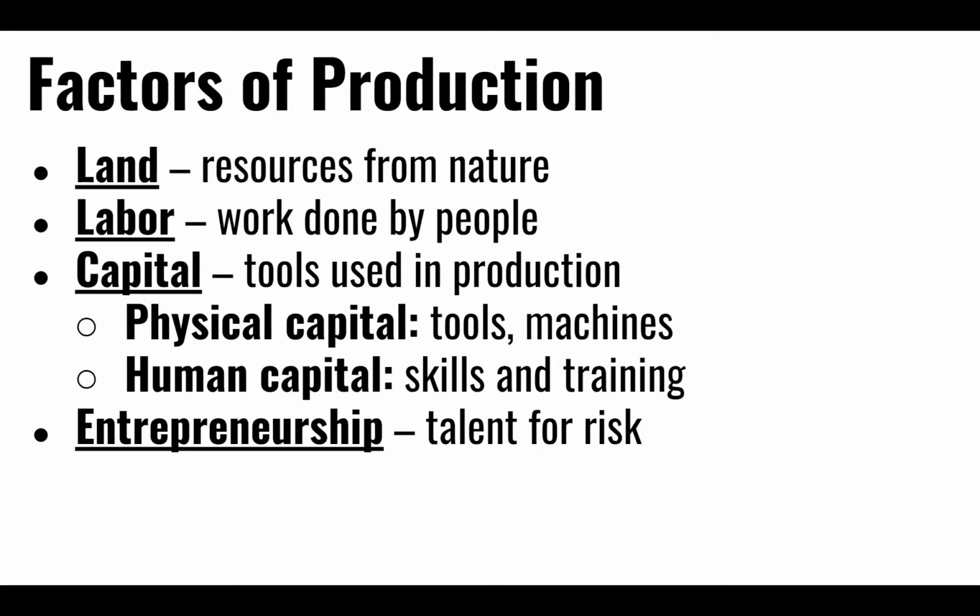And we break capital down into physical capital, which are the physical tools and machines, and human capital, which is the skills and knowledge and training that individuals have in order to do their job. Finally, we have entrepreneurship as the final factor of production. That is those people who have a talent for taking risk. Entrepreneurship is extraordinarily important. Without it, there is no creation of new goods and services. All four of these factors of production are extraordinarily important.